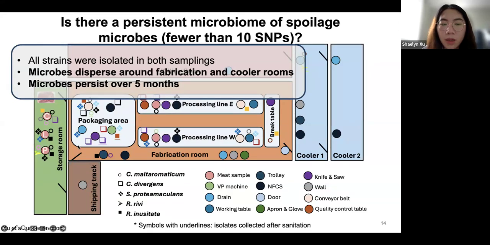This is simply because the microbes present in the first sampling time also have been detected at the second sampling time. And if you take a look at Carnobacterium, most of the Carnobacterium maltaromaticum from the meat isolates can be traced back to the cooler floor, while another hotspot for the persistence of microbes is the packaging area.